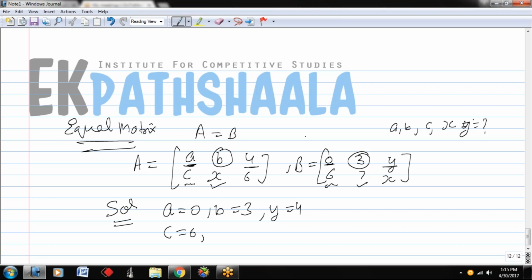I'll replace it over here, otherwise you'll be in a problem. This should be z, we have to find z also. So x will be equal to 7, and z will be equal to 6.